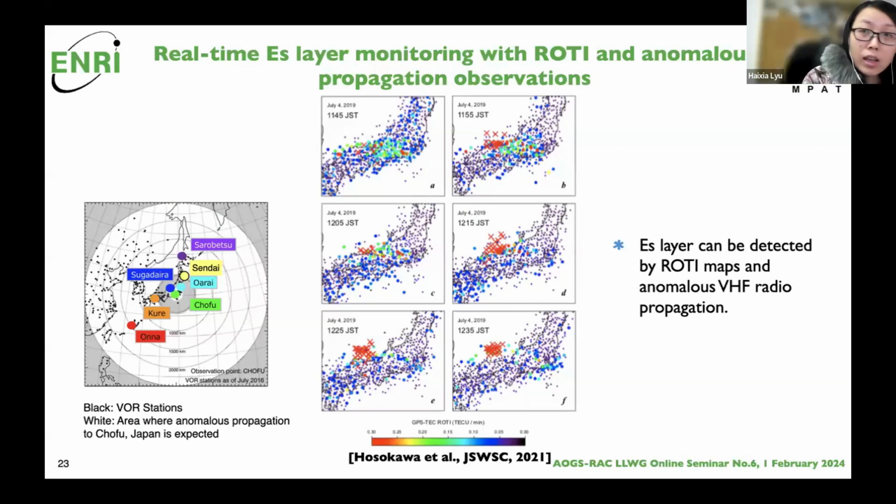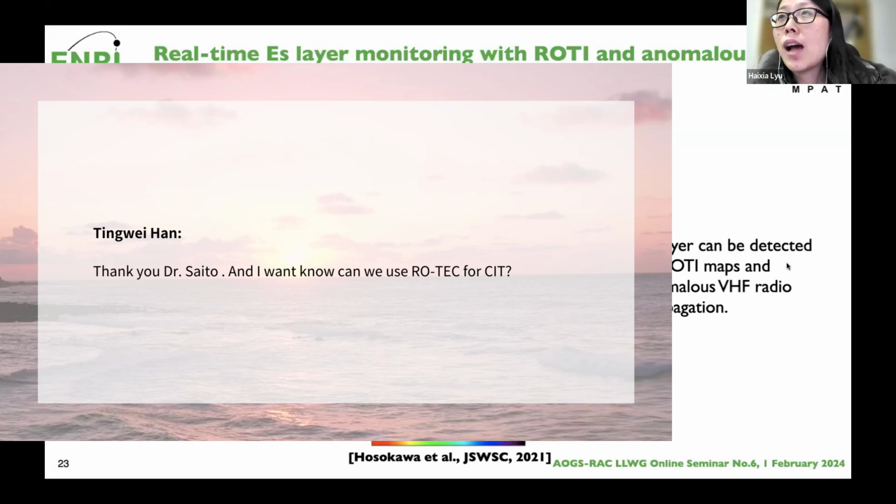Okay, I understand. We have also one other question from the chat, by Han Tingwei from CAS in China. I think it's also a good question. Can we use radio occultation too?